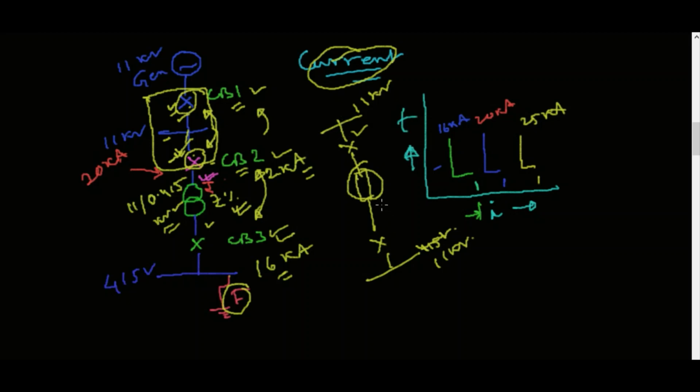The fault current at this 11 kV side, sorry, this is not 415 volt, definitely this is also 11 kV, because there is no voltage step up or step down. So this is the outgoing feeder. Suppose this cable length is 1 or 2 kilometers, so this cable will provide a considerable amount of impedance between these two switchboard breakers. In this case, the fault current here and the fault current in this location will be different.